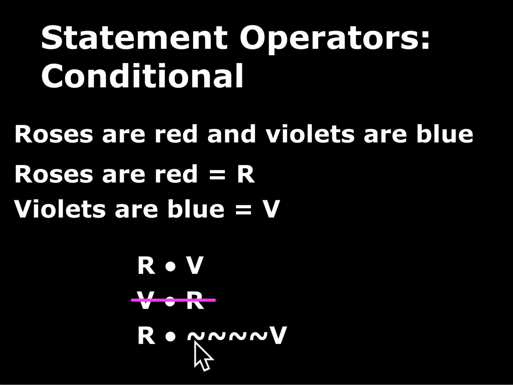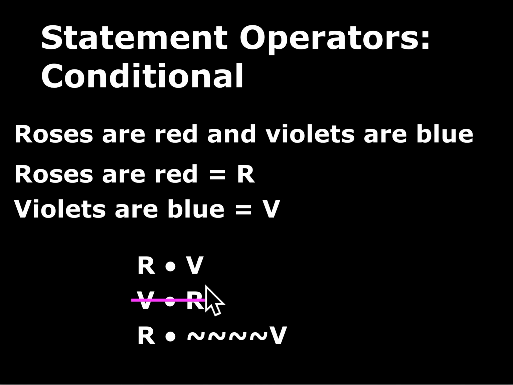It's also the case that you shouldn't translate it this way, right? This means the same thing. If we negate V 4 times, roses are red, and it's false that it's not true that violets aren't not blue, right? That not-not-not-not V means the same thing as V, but that's not what the original English said, right?